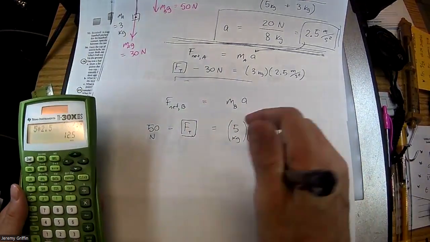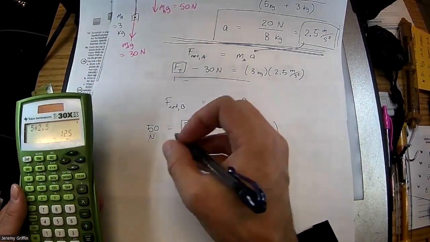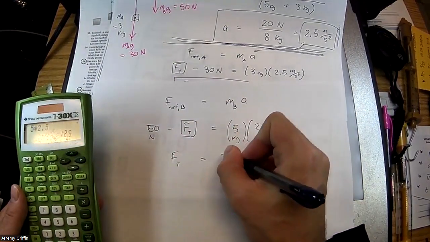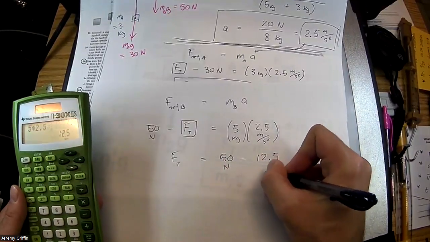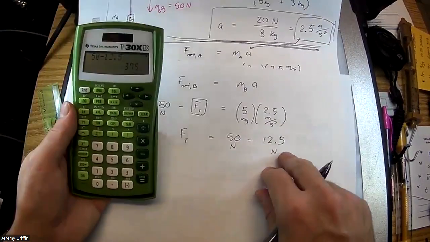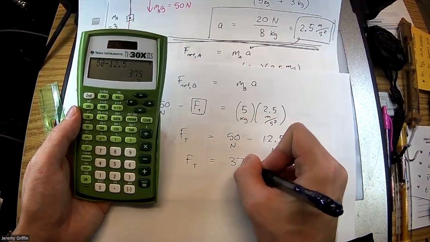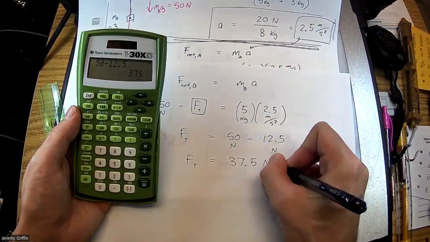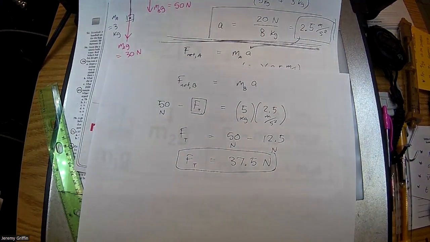Right. So I can add the tension over, subtract the 12.5 over. The tension force is going to be 50 newtons minus 12.5 newtons. What is 50 minus 12.5? Hey, it's 37.5 newtons. Exactly like it should be, because there's only one tension in that string. One tension in that one string applies to both. Oh, yeah.